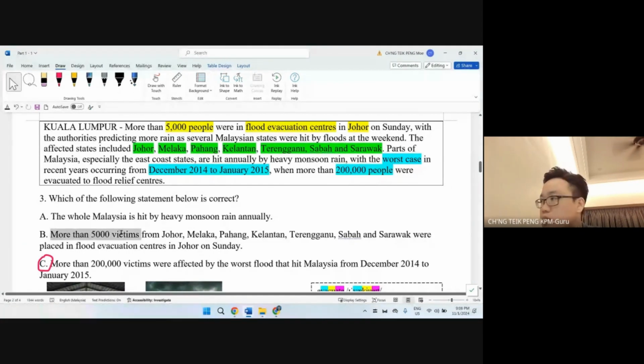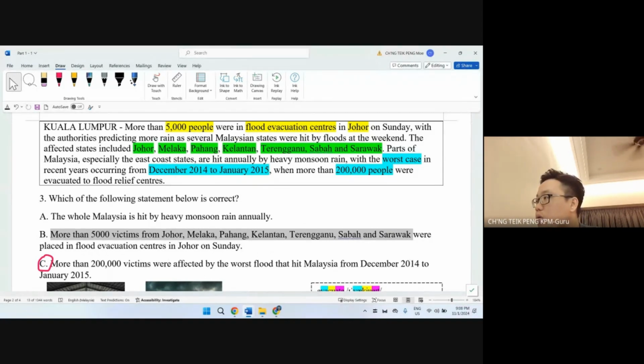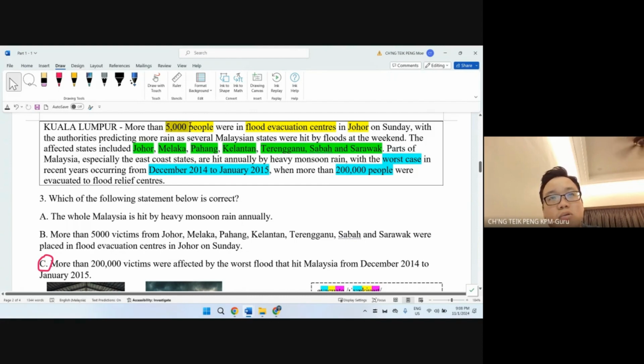More than 5,000 victims from Johor, Malacca, okay, were placed in flood evacuation centers in Johor on Sunday. You think this is another answer? Oh, no, B is wrong. B is wrong because the 5,000 people are the victims in Johor alone.